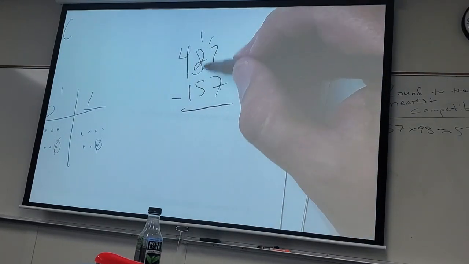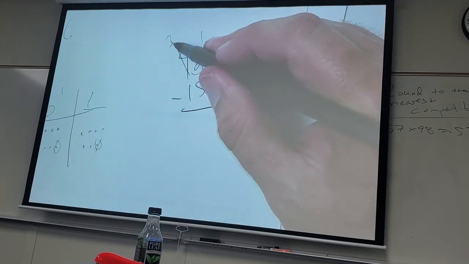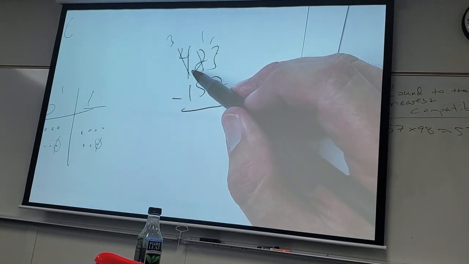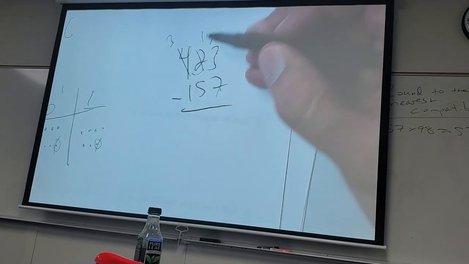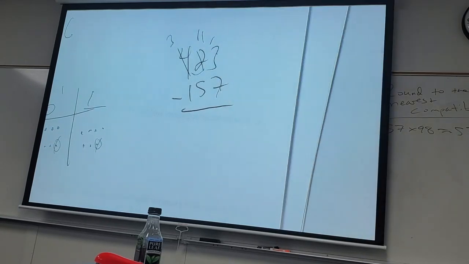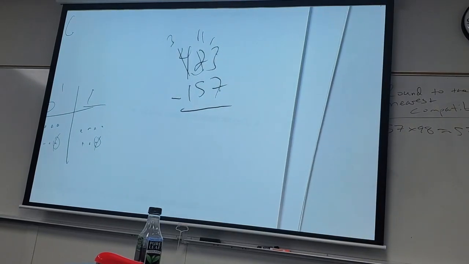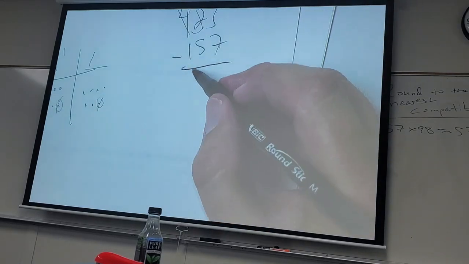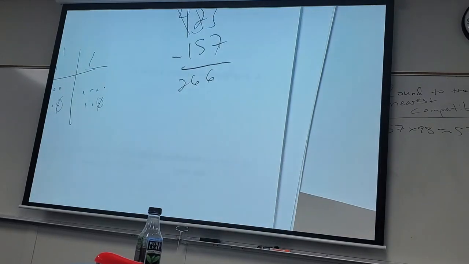Then here I have to do the same thing, borrowing from this 100 I just borrowed, which is 10 tens, so that's why this can become 11. And then you get 266, I think it is.